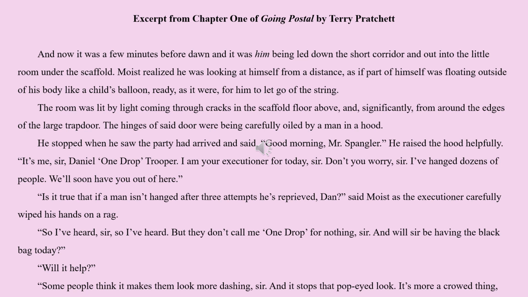I'm thinking of the hangman flourishing the rope that he wants Moist to sign, for example, which is very evocative. You can really see what's going on, and it continues to give you this sense of the almost unreality of this whole situation, which I think Pratchett is trying to convey. It's a very serious thing to be happening to Moist. He's about to be hanged, but I don't think the reader is supposed to feel a whole lot of doom and gloom about it.